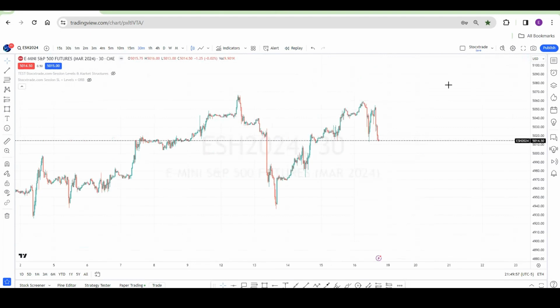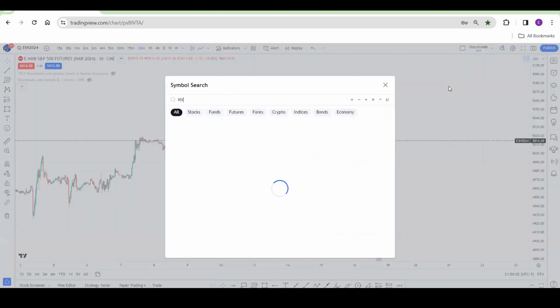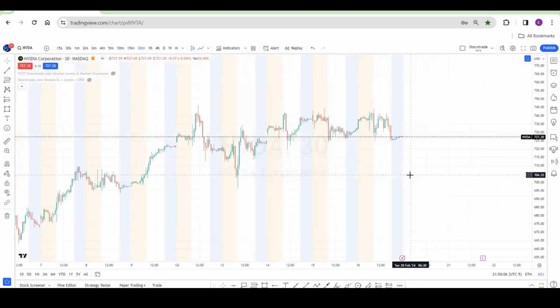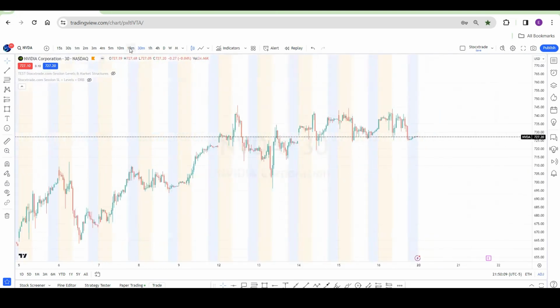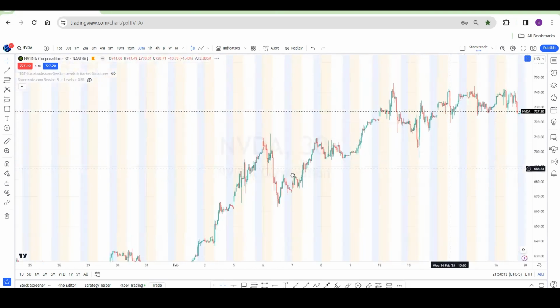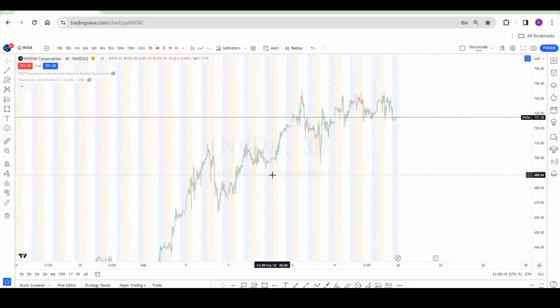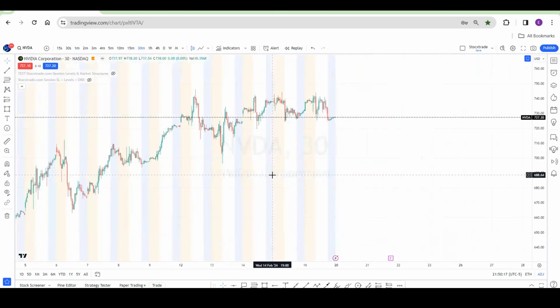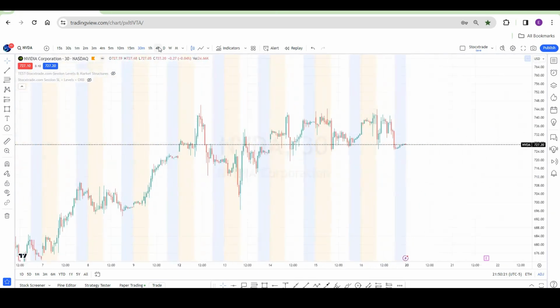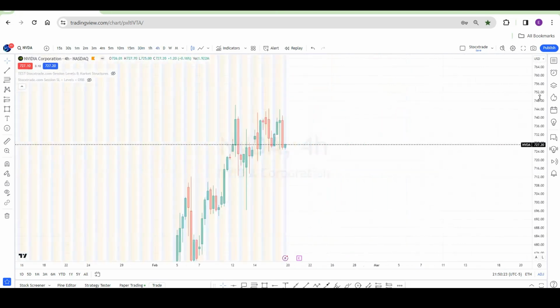Like you can use Apple, okay, NVDA, NVIDIA. See the market, where it is heading. Bullish or bearish? Bullish. Why? Because people are thinking it will be $1,000. Yeah, those are the fundamentals, right?